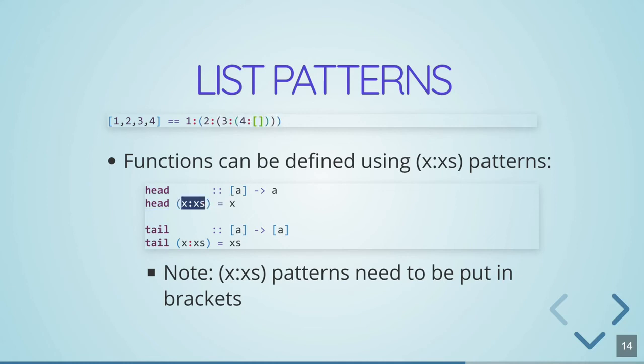All I would do is pattern match x:xs and just give back x. Conversely, if I wanted to write the function tail that removes the first element of the list, I would pattern match x:xs and just give back xs. So keep this in mind: when I write the pattern x:xs, x is the first thing, and xs is the rest of the list.